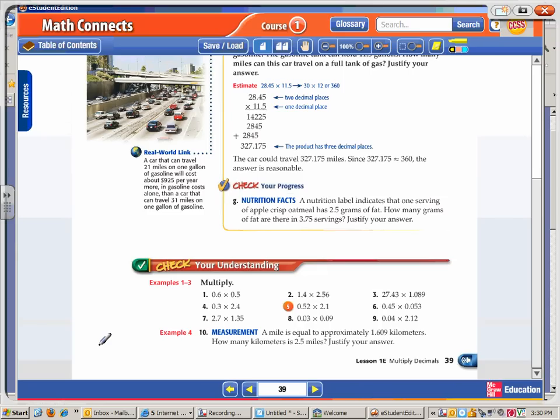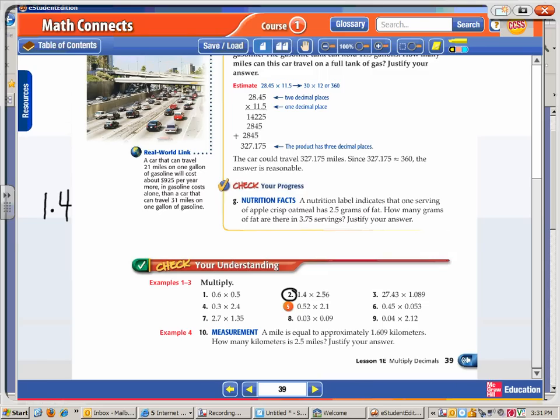Traditional to me is, especially with decimals and as we get into higher math, the best way to do multiplication, but it's not the only way. So remember that as much as I try to push you to get to traditional, if you're still with partial products or with lattice, I don't want to discourage you from that, but I just want to push you now into traditional. So let's start with number 2.